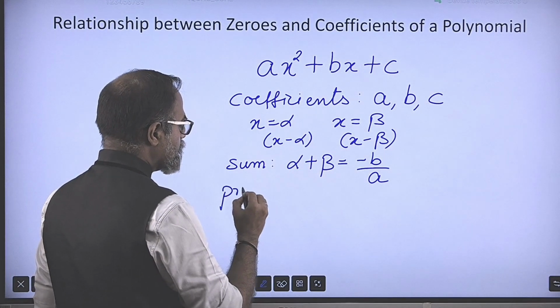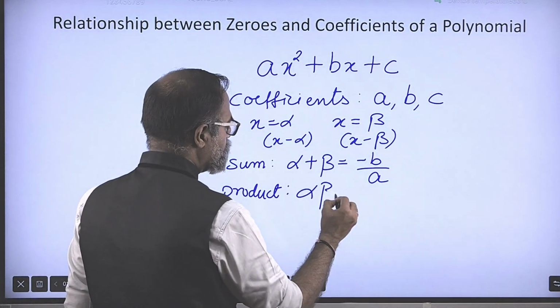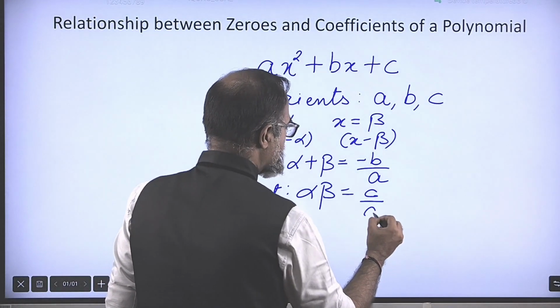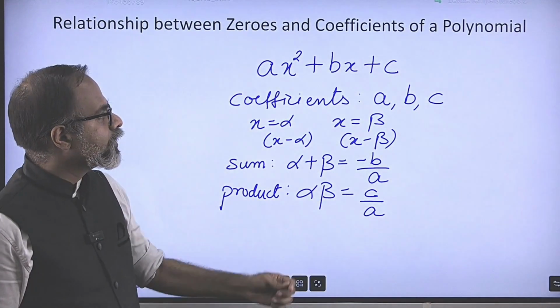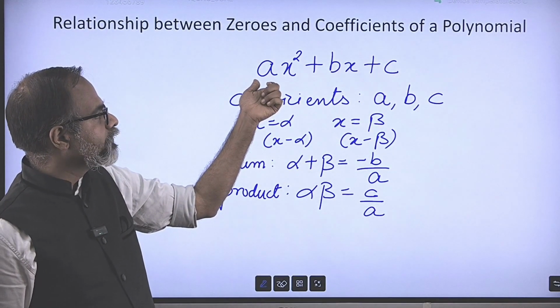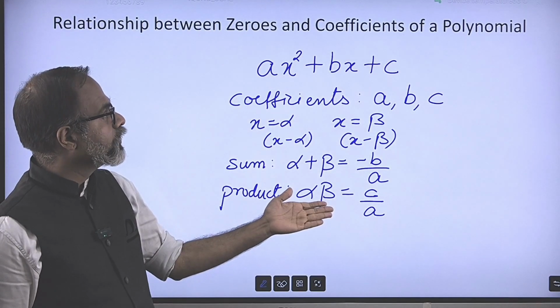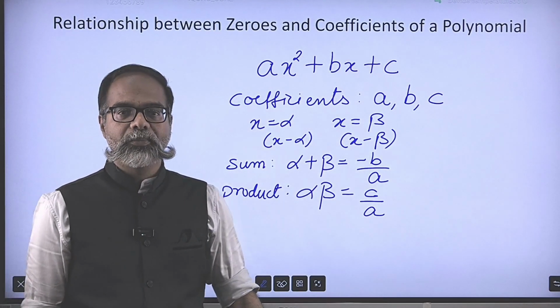The product of the two zeros, alpha into beta, is given by c upon a. So the constant term divided by the coefficient of the x square term will be equal to the product of the two zeros for this polynomial.